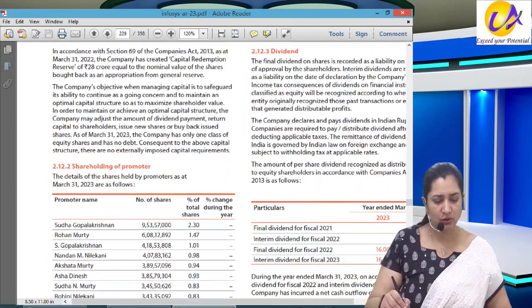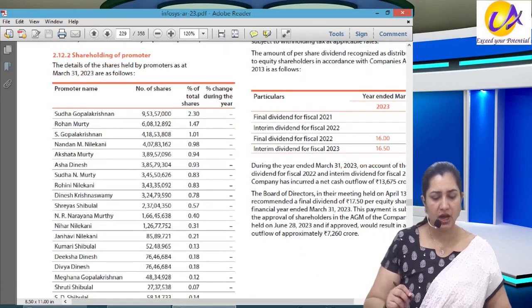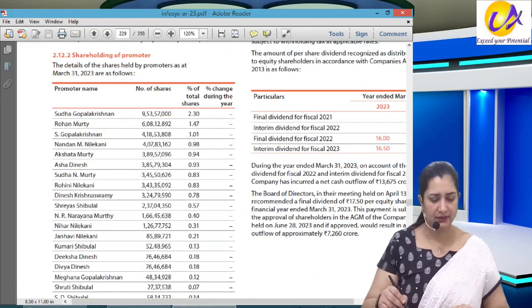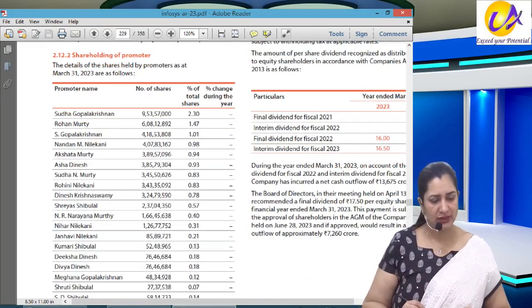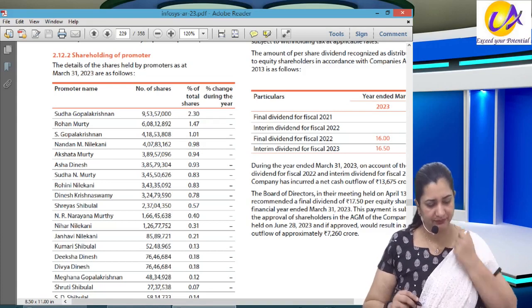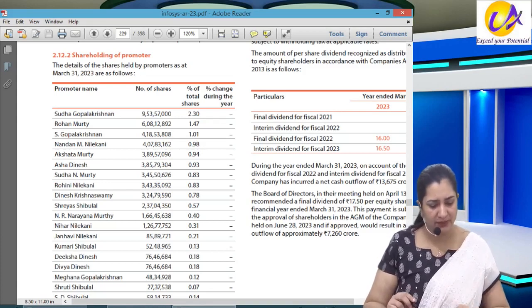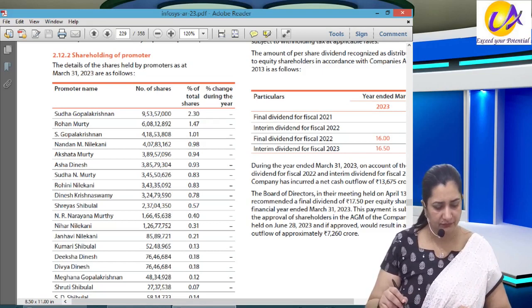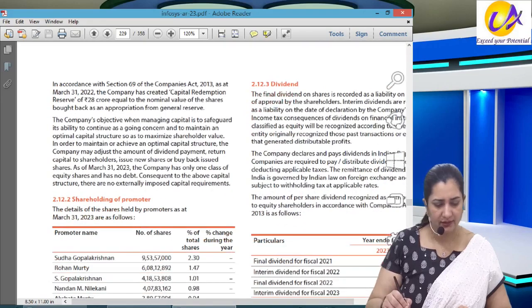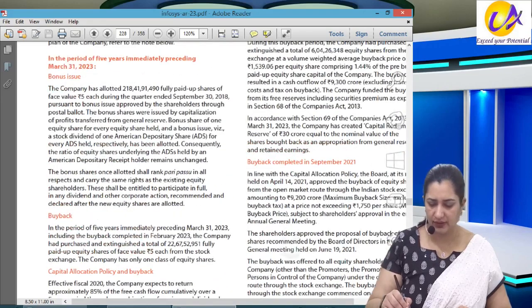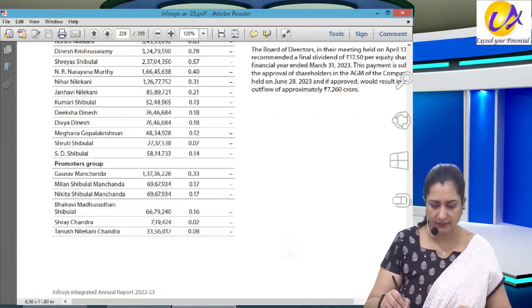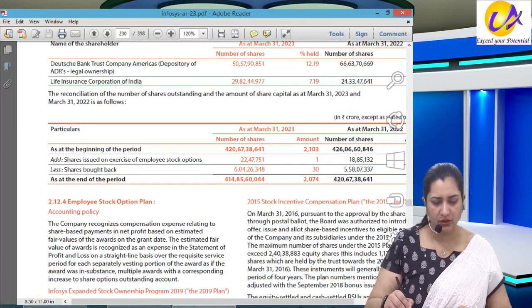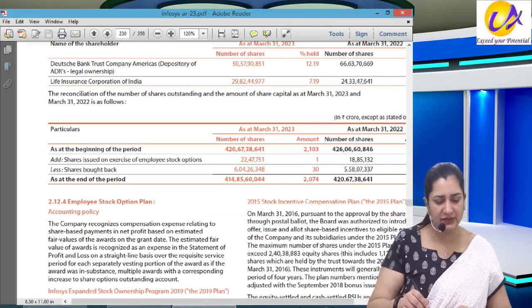Shareholding of promoters. See the promoters, how many shares they are holding. They have to give now the percentage of shares changed during the year. So you can see the names of the promoters. Narayan Murthy is only holding 0.4% shares, if you will see. So this is what they have given over here about CRR, other reserves, dividend, etc. Who are the people holding more than 5% shares?